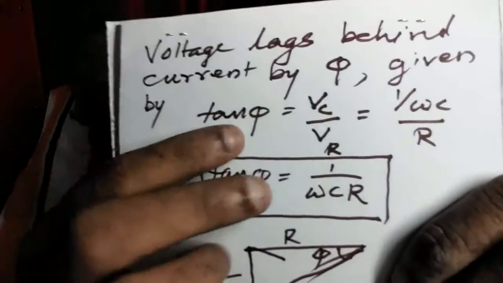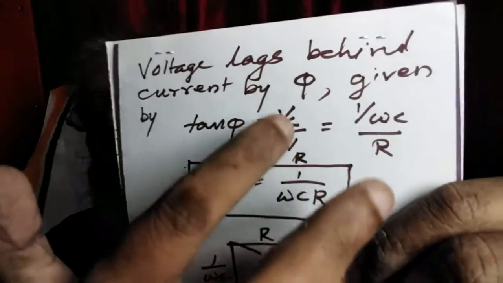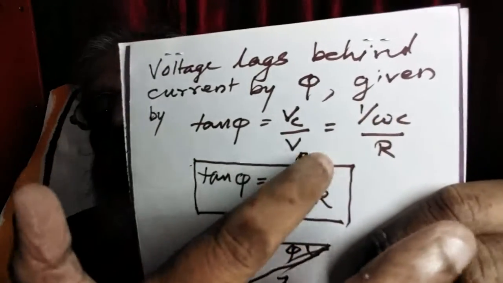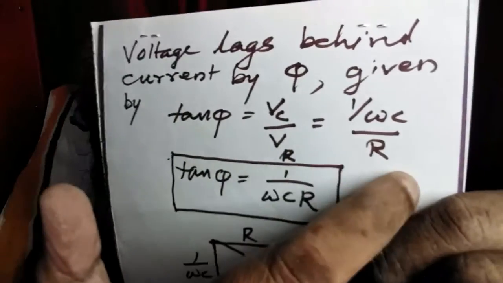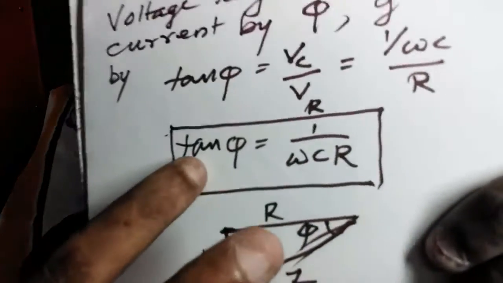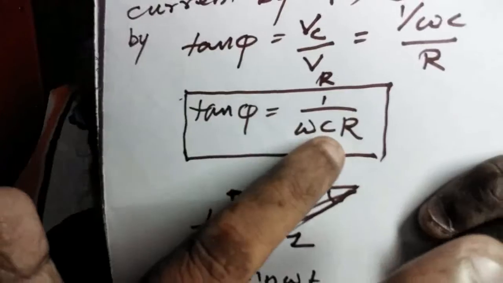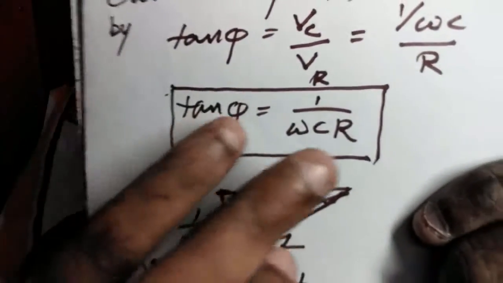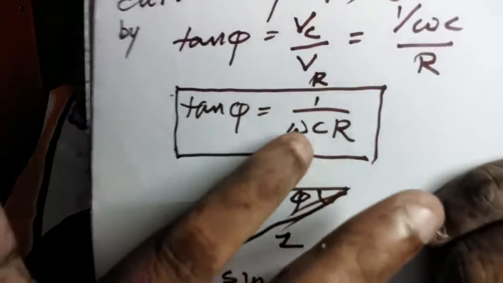That is, tan phi equals VC by VR, where VC is I into XC, or I into 1 by omega C, and VR is I into R. Or we get tan phi equals 1 by omega C R, or phi is tan inverse 1 by omega C R.